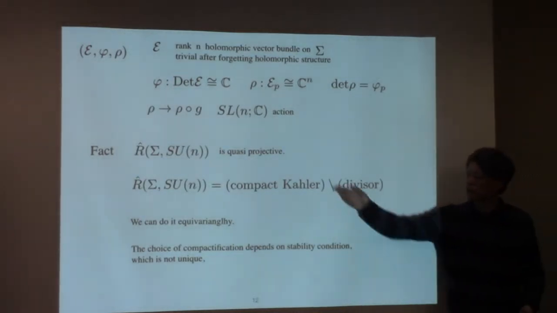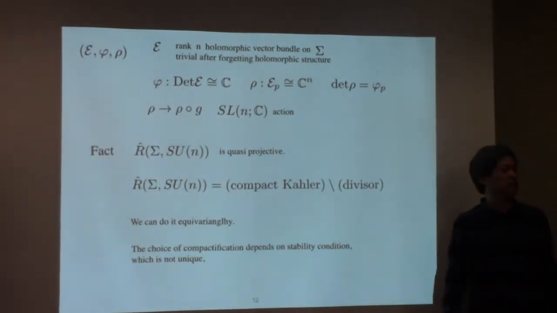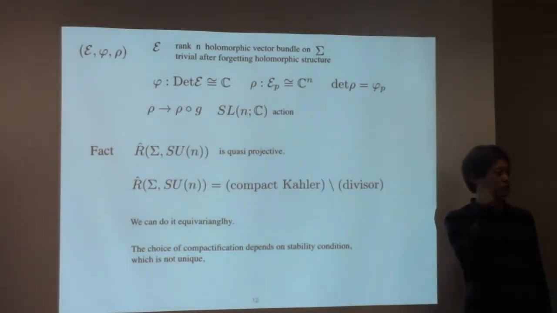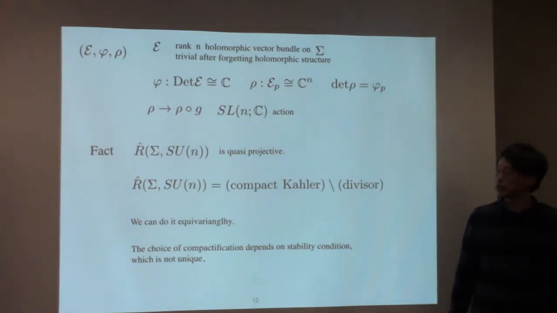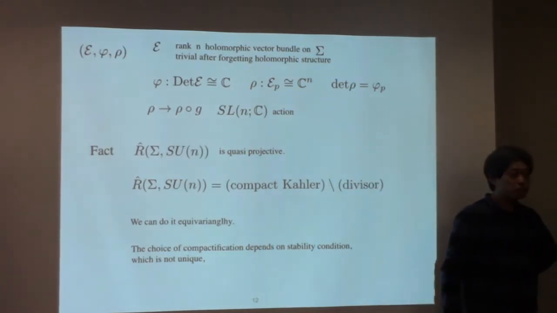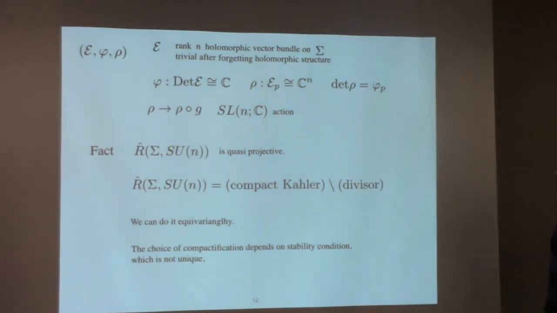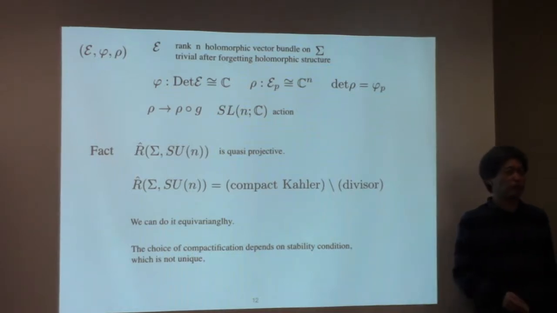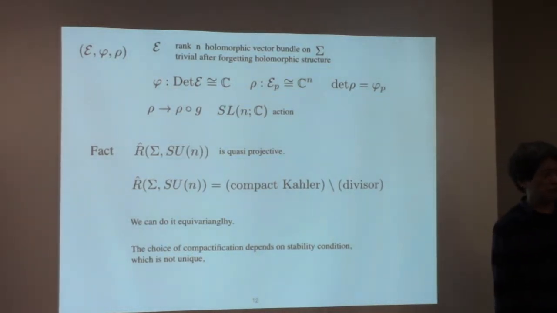Of course, to do this we need to define some stability conditions, so we require that this triple is stable. Then the moduli of stable objects can be compactified naturally, and you get a quasi-projective variety. So it is the complement of a normal crossing divisor in a compact projective algebraic variety. That is known in algebraic geometry.